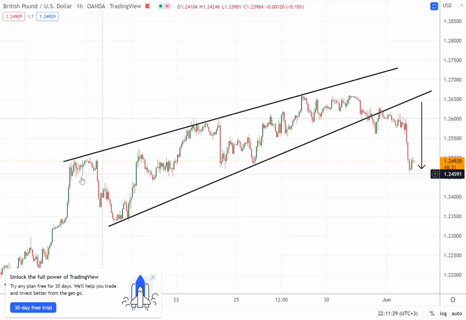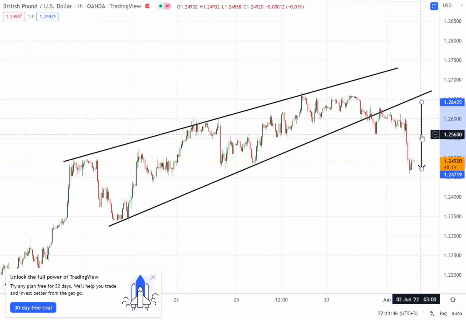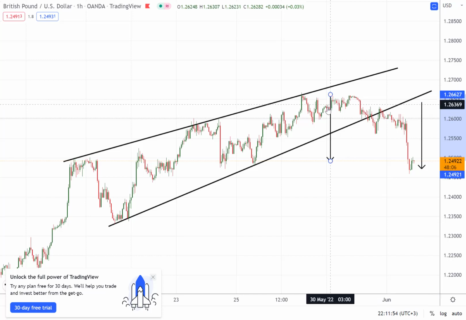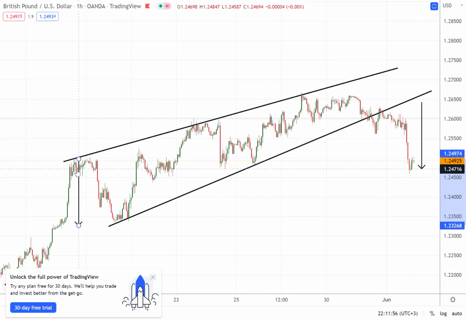I always measure my take profit after breakout with the thickest part of this pattern, be it a triangle pattern, a flag pattern, any pattern. So in such a case, I measured my distance of the target that I was to target.